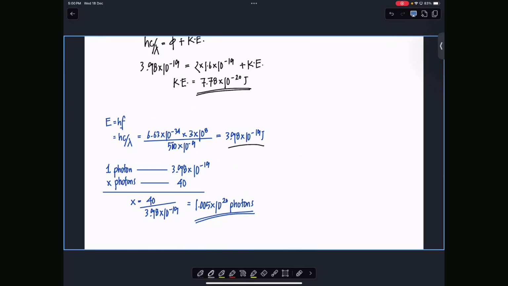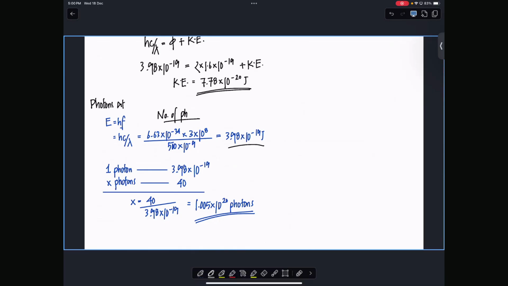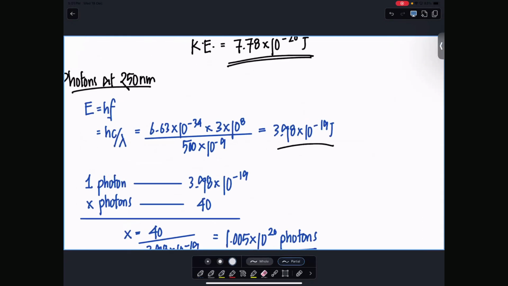These are the photons at 250 nanometer. What do we change here? Just one small change: I'm going to change the wavelength. Instead of 500, I'll make this 250.